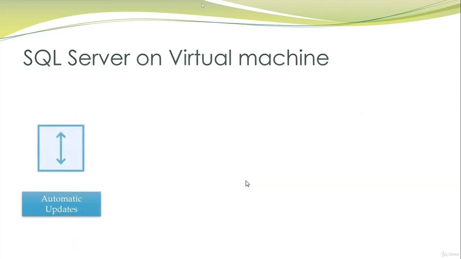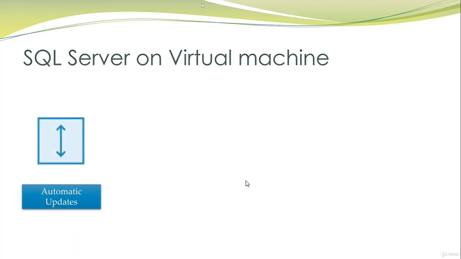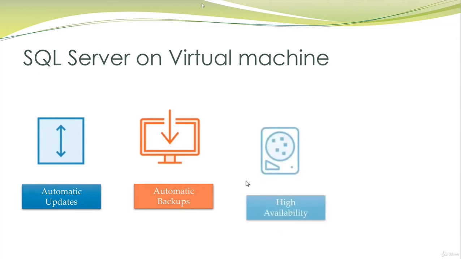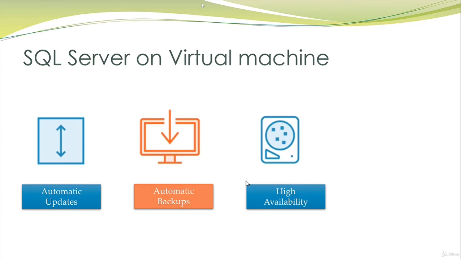SQL Server Azure Virtual Machine can use automated patching to schedule a maintenance window for installing important Windows and SQL Server updates automatically. SQL Server Azure Virtual Machine can take advantage of automatic backup, which regularly creates backups of your database to blob storage. You can also manually use this technique. If you require high availability, consider configuring SQL Server availability groups.